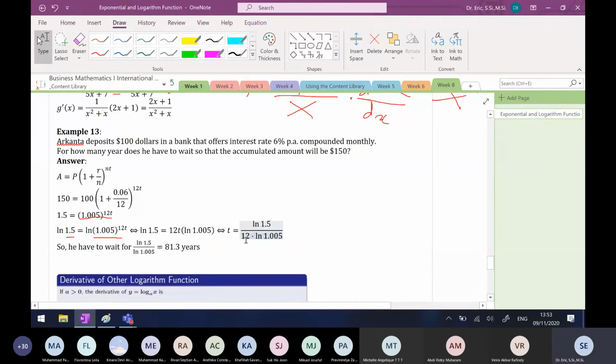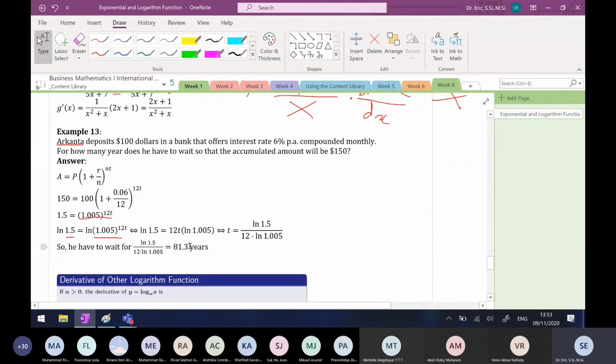So 12 times this. If you are not using a calculator, this is enough. Just leave this: ln 1.5 divided by 12 times ln of 1.005. That is the years.